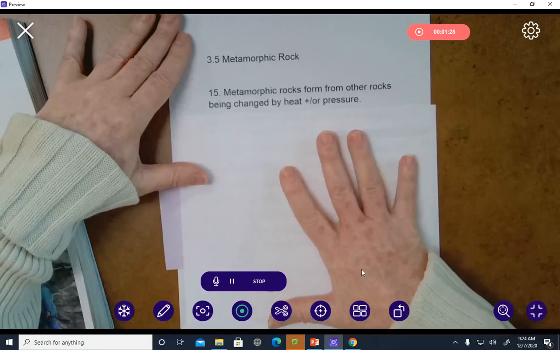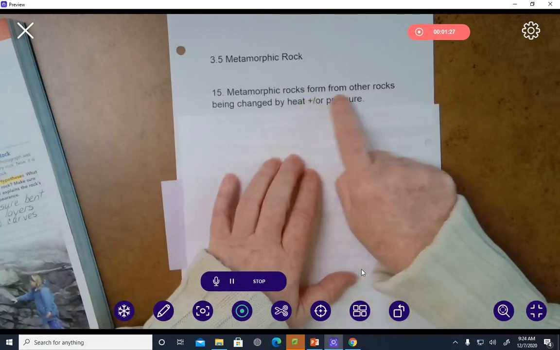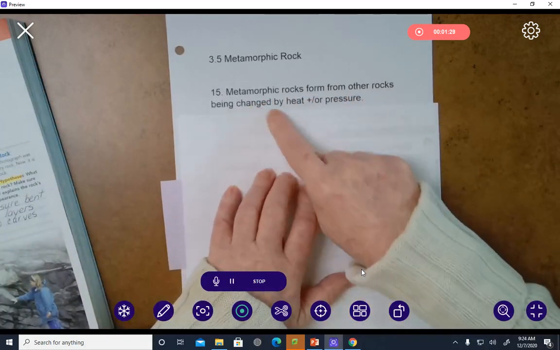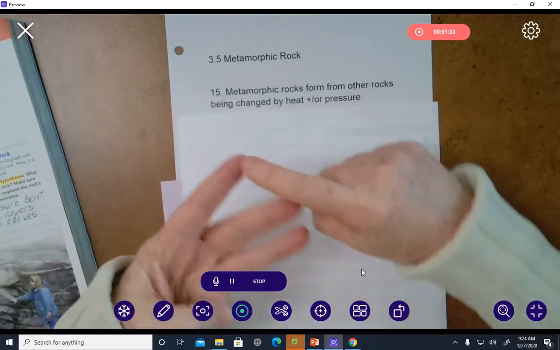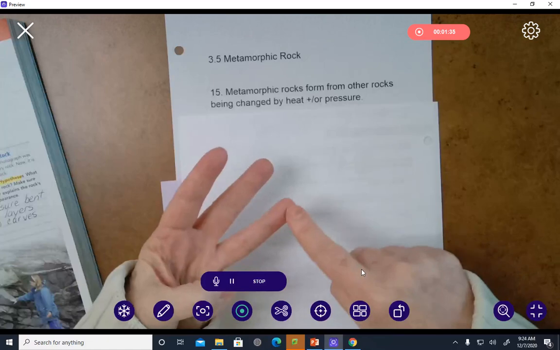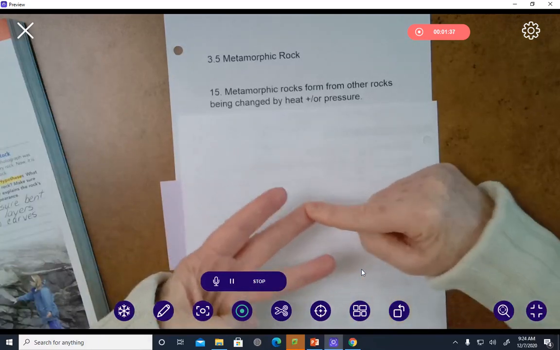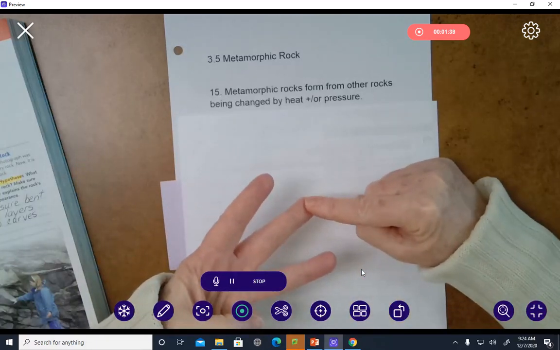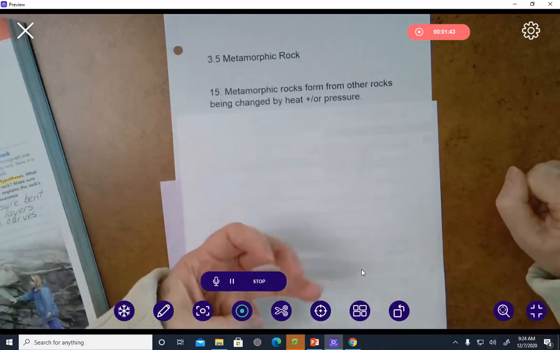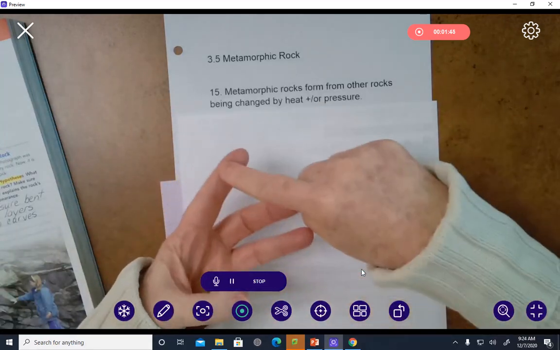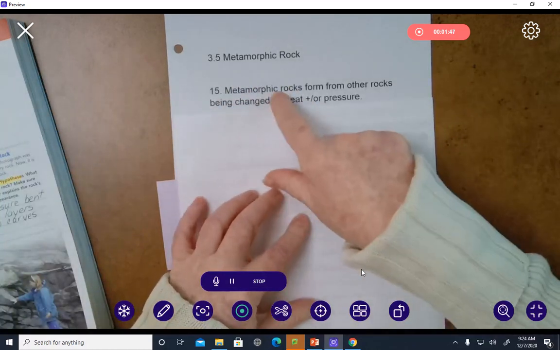So we've learned that metamorphic rocks form from other rocks being changed by heat and/or pressure. We've learned about 3 different types of rock. Metamorphic rock. Can you name the other 2? You said igneous and sedimentary. You would be correct. All 3 of those rocks can become metamorphosized.